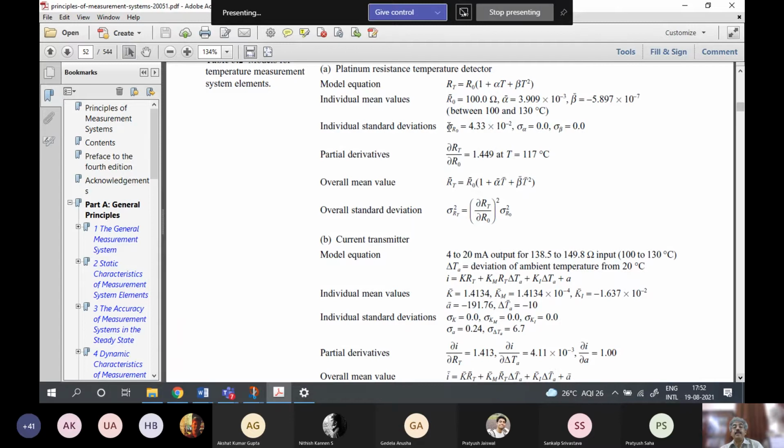Now you are seeing that if you buy, let us say, a platinum resistance thermometer from a manufacturer, suppose you are trying to design this system and you are trying to understand whether a given manufacturer, which is giving you a slightly cheap sensor, because it's platinum, but then the sensor has some specifications.